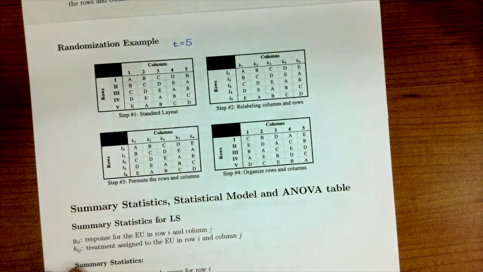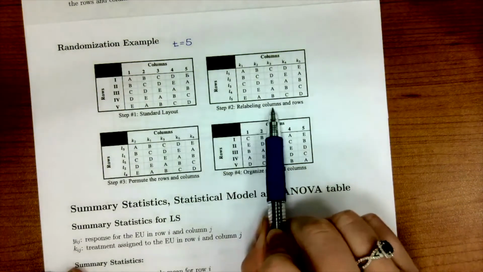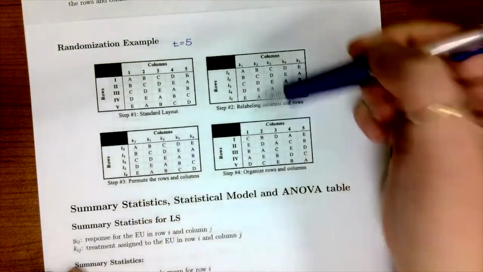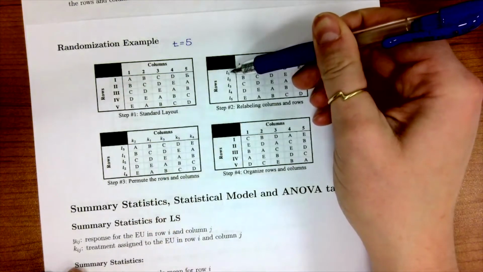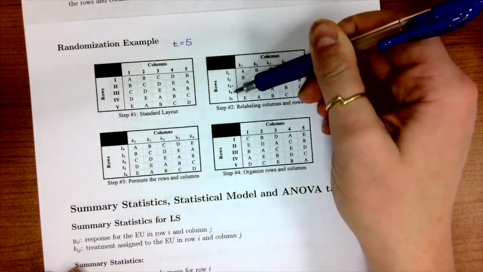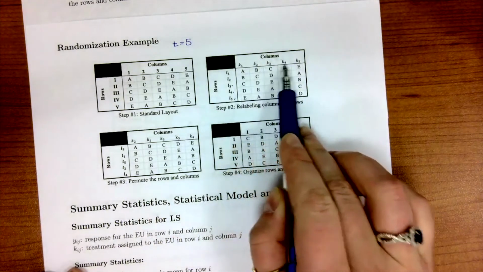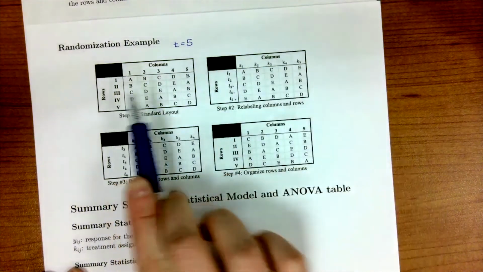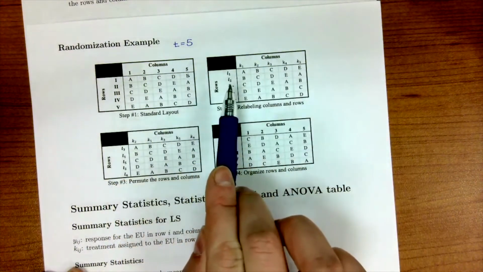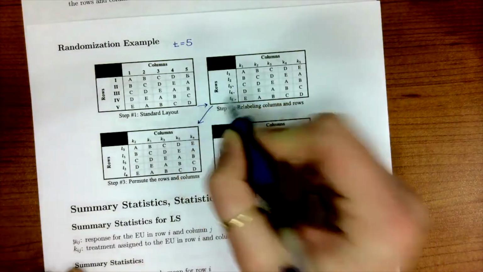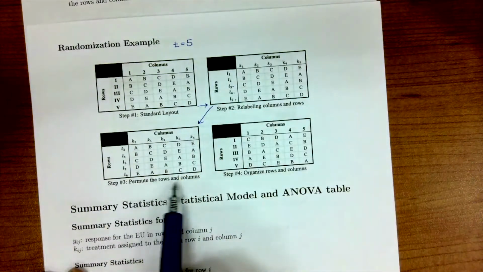Now, what we're going to do is relabel the columns and rows. Instead of saying 1, 2, 3, 4, 5, I make the rows L1, L2, L3, L4, L5 and the columns K1, K2, K3, K4, K5. So all I did from here to here was just give them new names. Our next step is to permute the rows and columns.